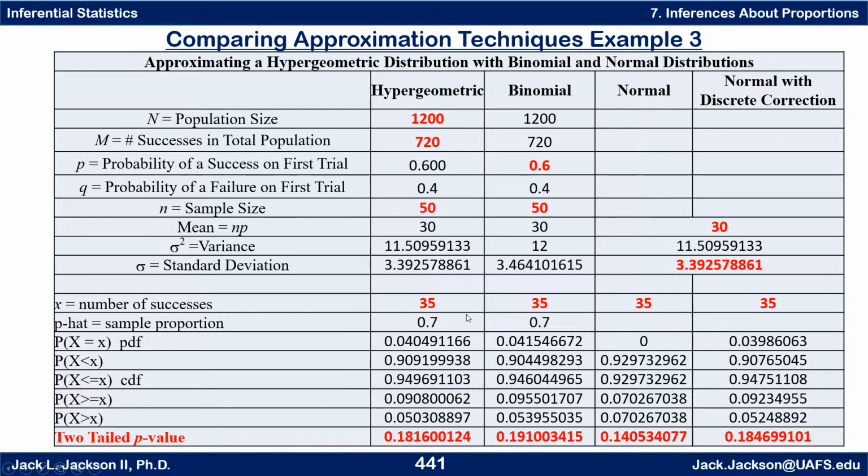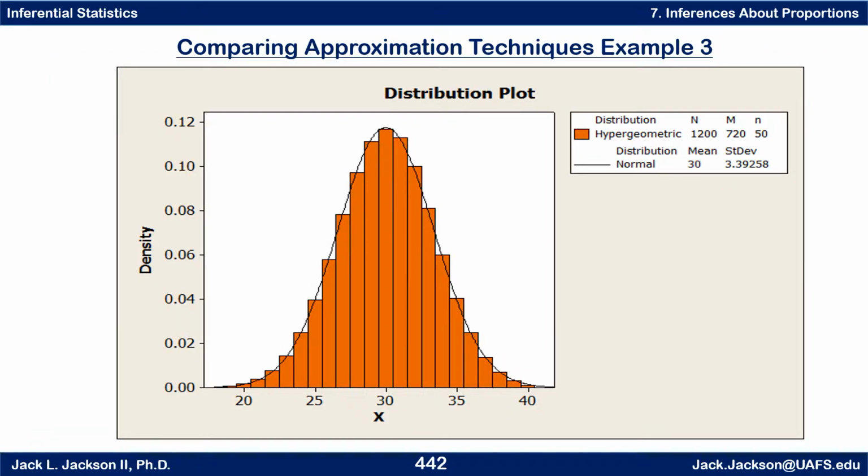Now we have 35 successes in the sample, and we'll see what we would get for different two-tailed p-values down here to compare. 0.18 would be the actual value. 0.19 is what we would get if we use the binomial instead of a hypergeometric. 0.14 is if we use a normal and do the probability up to 35, but if we go up to 35.5, we would get 0.18, and that one's actually pretty decent. And of course now the two graphs are starting to look pretty close. There's the hypergeometric graph and the normal approximation.